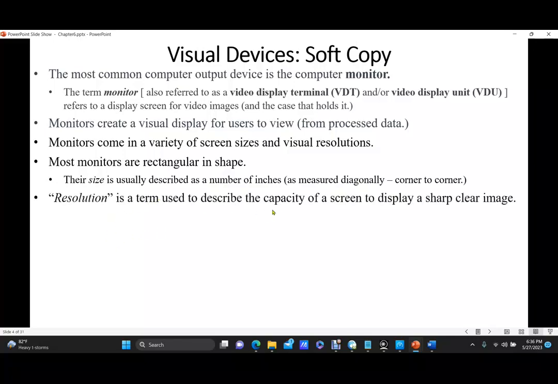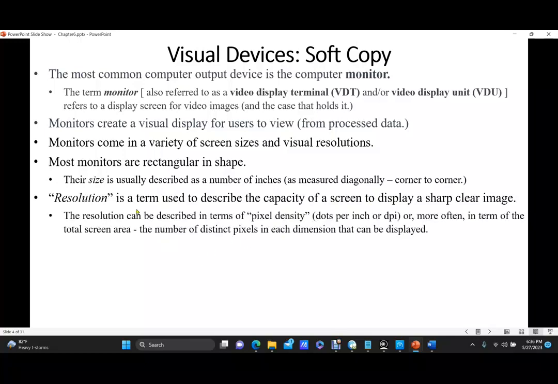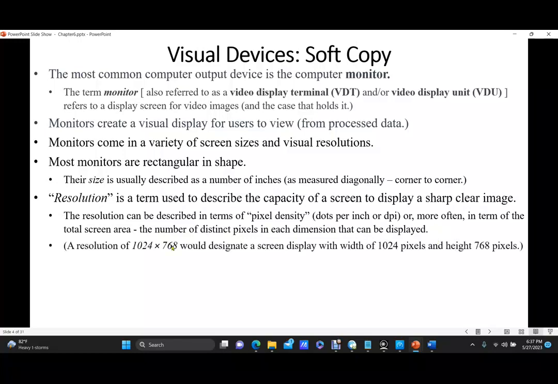Resolution describes how sharp and clear the images can be displayed. Resolution can be described in pixel density, or dots per inch, DPI, but more often it is described in terms of the total screen area, the number of pixels in each dimension: number of horizontal pixels and number of vertical pixels.